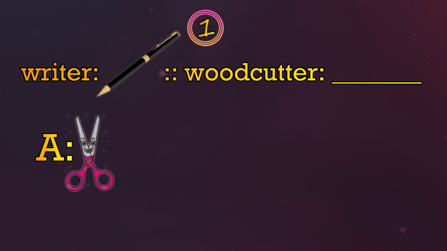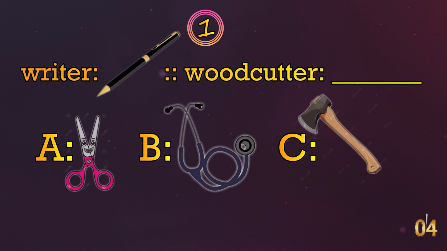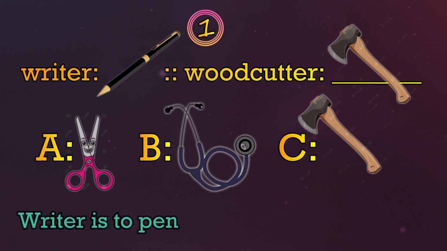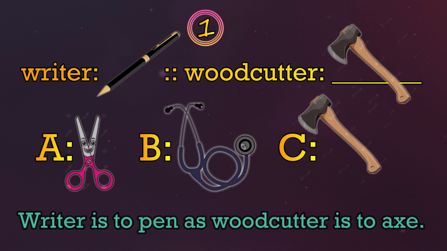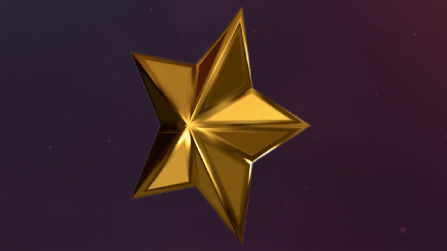Is it A, B, or C? The correct answer is letter C for axe. We read this as writer is to pen as woodcutter is to axe. Here's your star for your correct answer.